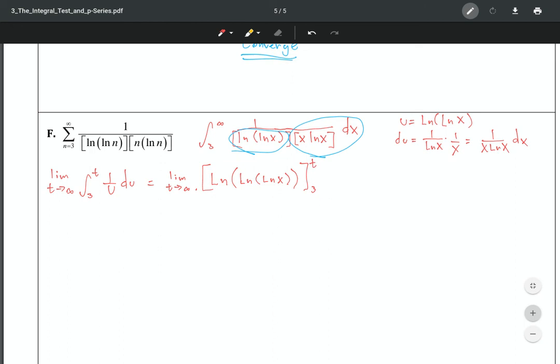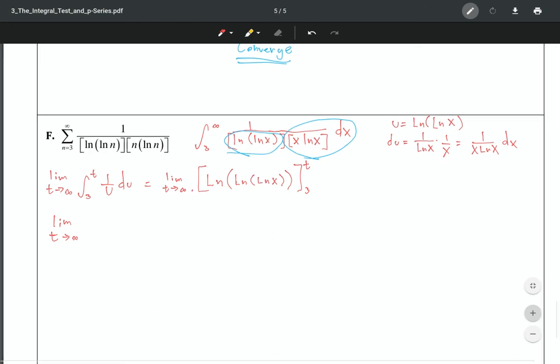Okay, now let's see what we have here. I can't really use the rules of logarithms to do anything at all. I can't really simplify more than I already have. So at this point, I'm just going to plug those numbers in, all right?